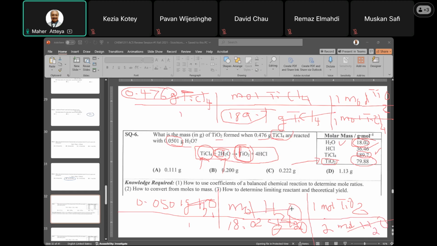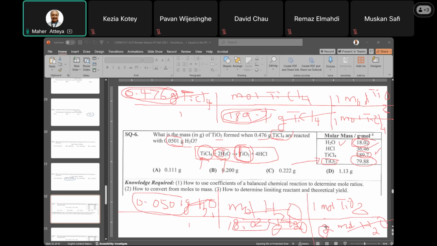So now you have to determine the number of moles of the product based on which reactant. You divide this amount here by this amount, and this is 1:1. Here you divide this amount by this amount, and there is a 2 here.